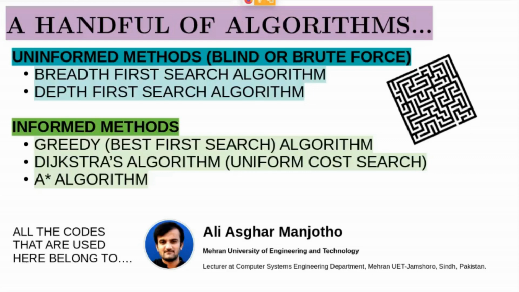We have uninformed methods, which are what we call the blind or brute force methods, and we have the informed methods. Now I will make the difference and explain each of these specific methods, all of these 5 methods.